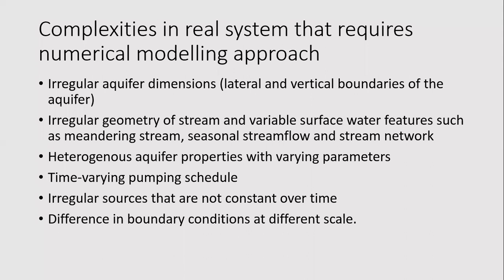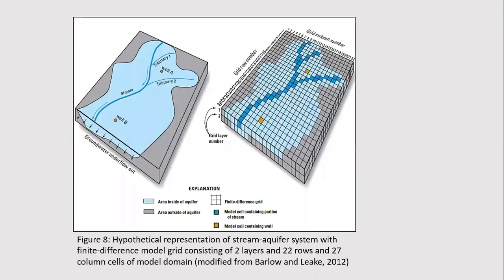So this is the concept of transient solutions, and we are able to model transient solutions in our model as well. Also the difference in boundary conditions at different scales. So this is what I was saying. This is the hypothetical representation of a stream aquifer system with a finite difference model.